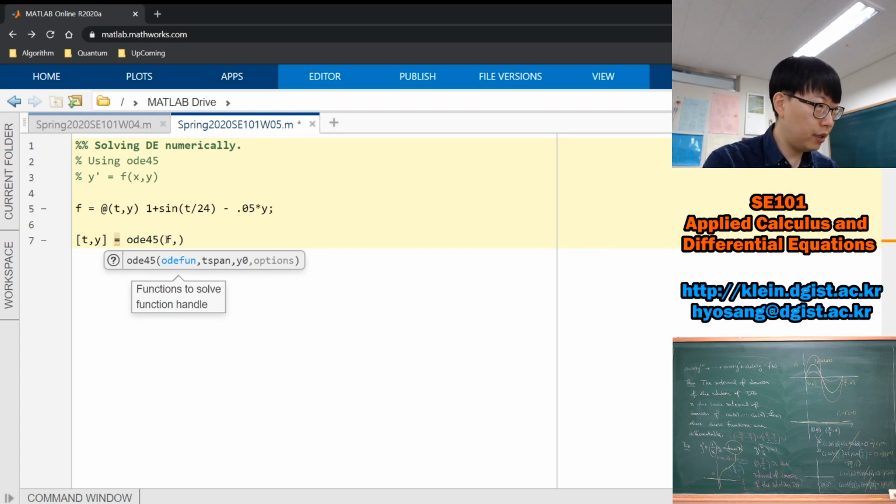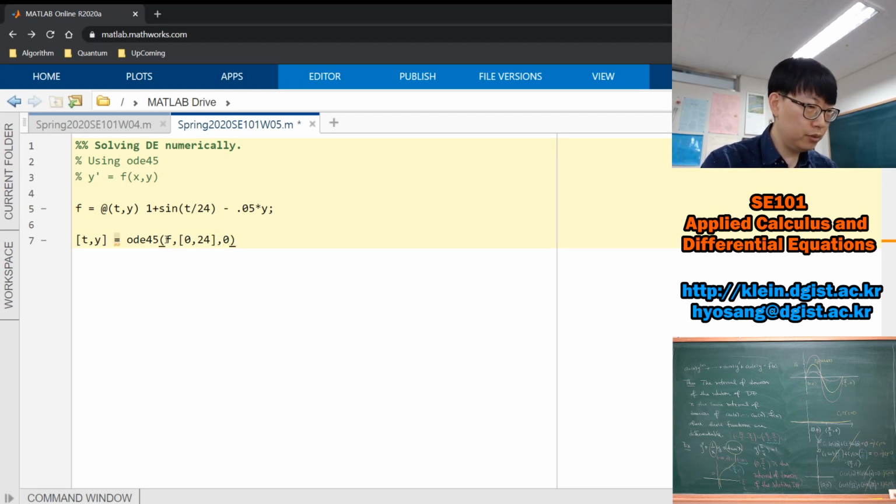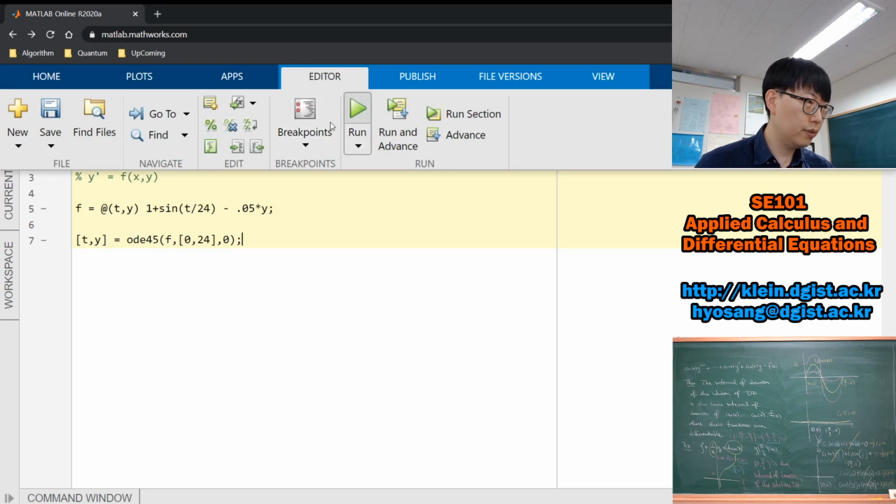So first f, and tspan is the interval of integration, let's say 0 to 24 hours. So, and then y0 initially 0. Let's run this. Run.